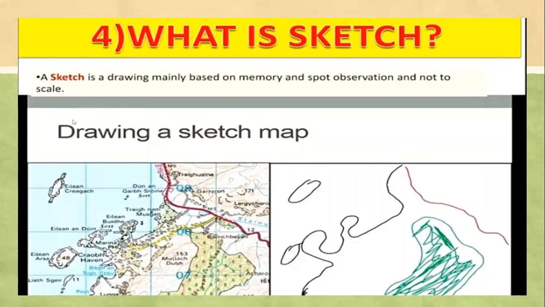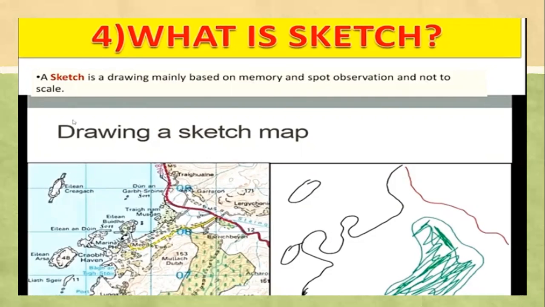Now, the next is sketch. What do you mean by sketch? A sketch is a drawing mainly based on memory and spot observation. It is not to be scaled. A sketch is also known as a rough drawing, and it only helps us to locate some particular place or features.